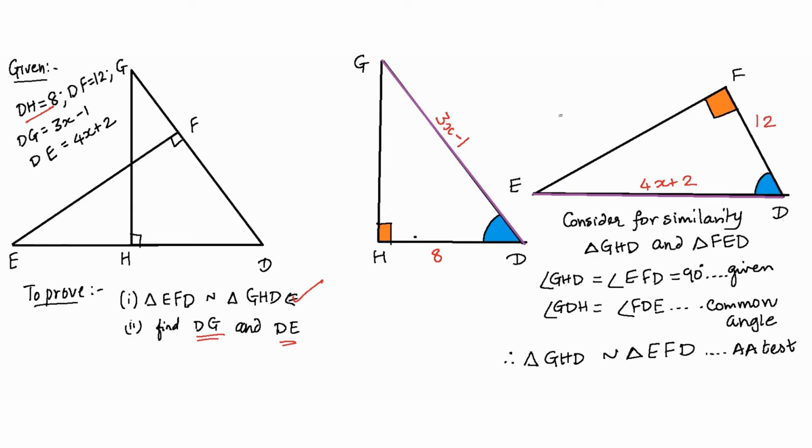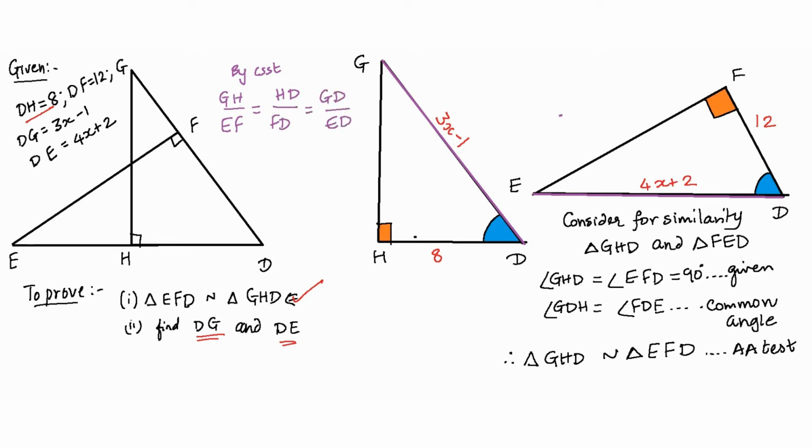So using CSST, let me write the ratios which are equal to each other. By CSST, I know that GH by EF is equal to HD upon FD, which is equal to GD upon ED, right? GH is not known, so let us drop that.